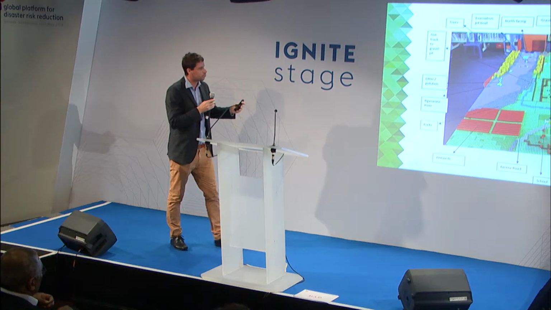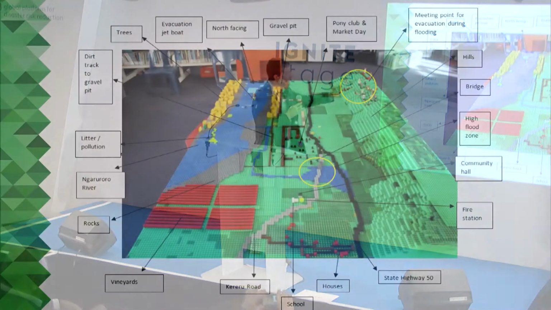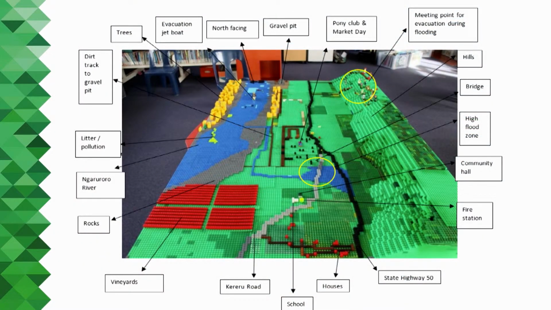So, this is one of the almost finished maps with some of the information that you can see. So, for example, on the right-hand side, this is the meeting point for evacuation in case of flooding. Up the hill, you have all sorts of information that relates to vulnerability, but also capacity, like the fire station, the community hall.